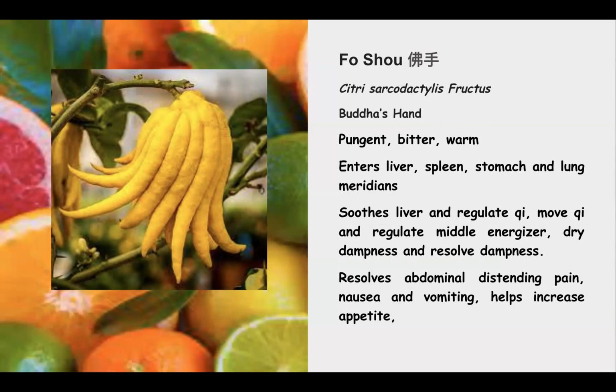It just gets everything going, particularly in the middle jiao, middle energizer. It dries dampness and it also resolves dampness. So it's really good for things like edema, etc. So any type of abdominal pain, nausea, and vomiting, it also helps increase appetite, which I would say if you're not nauseated or vomiting, usually your appetite's pretty good.